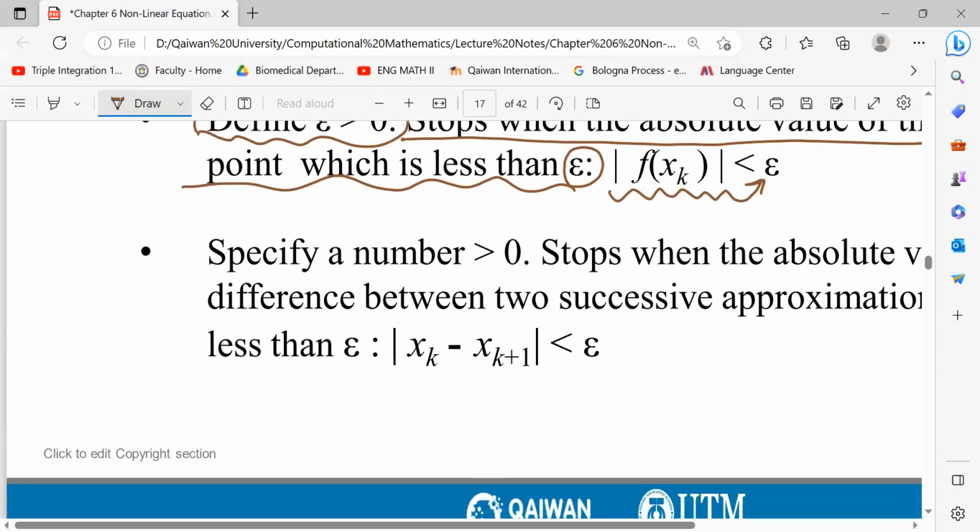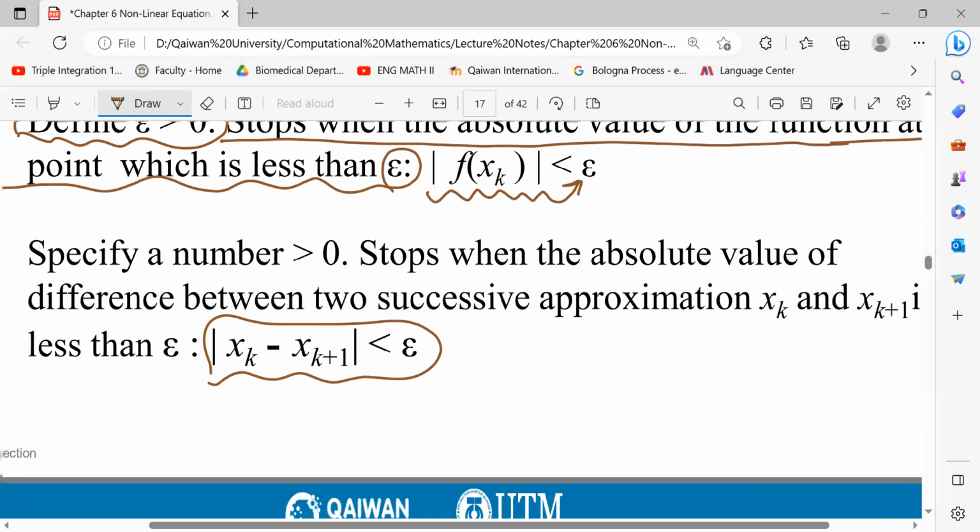And also, you can use this: if the length of the interval is less than epsilon, we say xk plus 1 is our solution. Or the last c that you found is the solution.